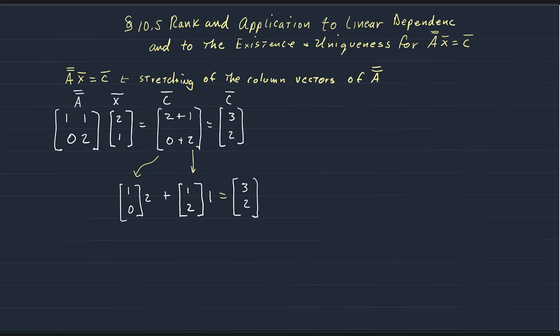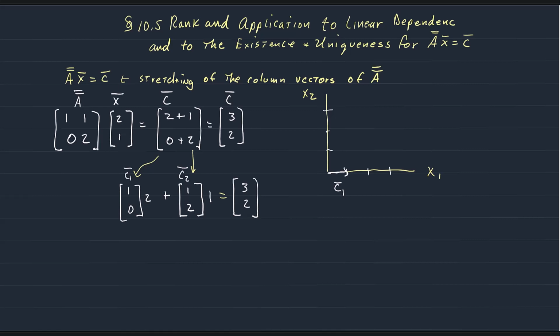So let me sketch this out graphically. We have x1, x2 space, and I'm going to label 1, 2, 3 on each axis. This is column 1 of matrix A, and this is column 2 of matrix A. Column 1 goes over 1 and x2 is equal to 0, so this is column 1.